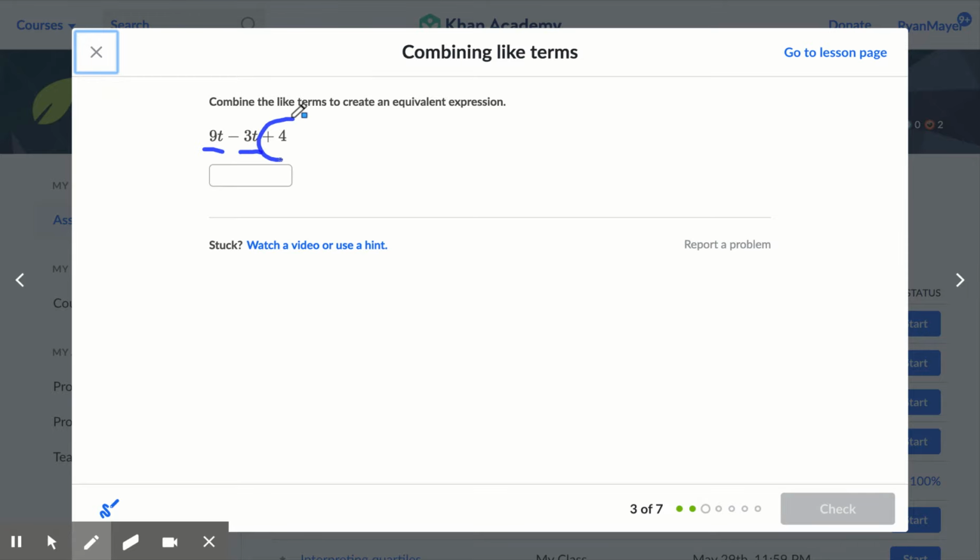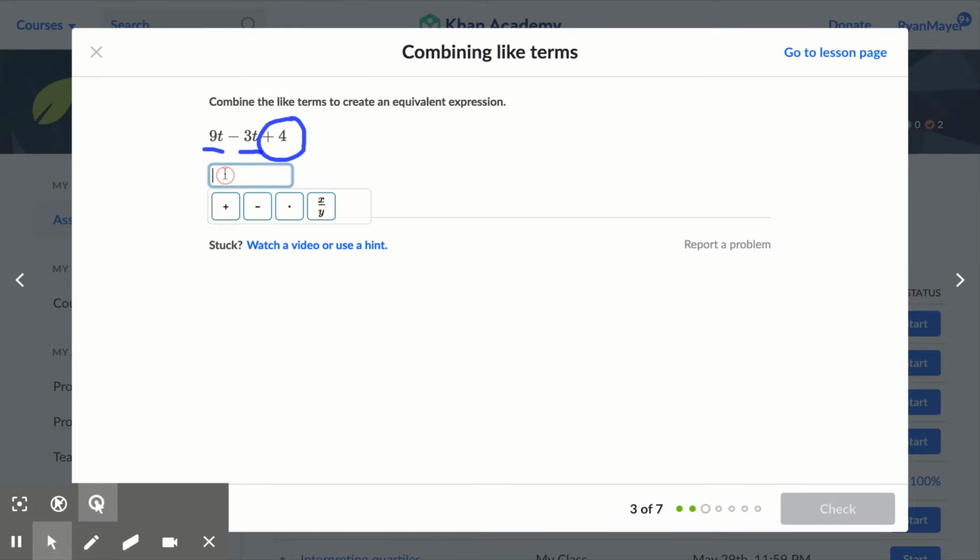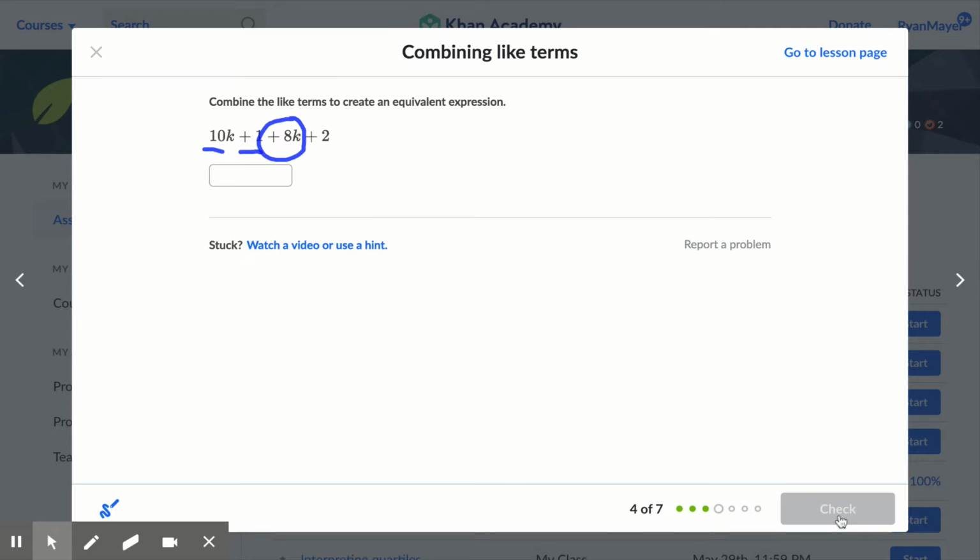This 4 is different, and that is a positive 4. So I have 9t minus 3t. That's like saying 9 minus 3, 6t. We have a whole number all by itself. I cannot combine that 4 with anything else, so you just leave it there, plus 4. Makes it pretty simple. Check your work. Go on to the next one.